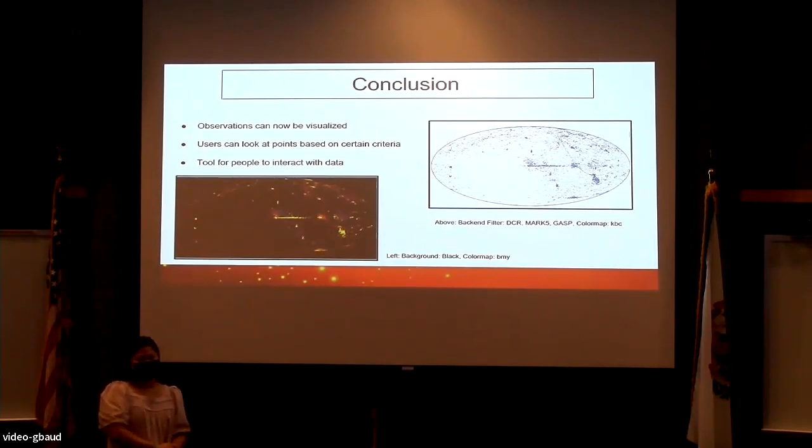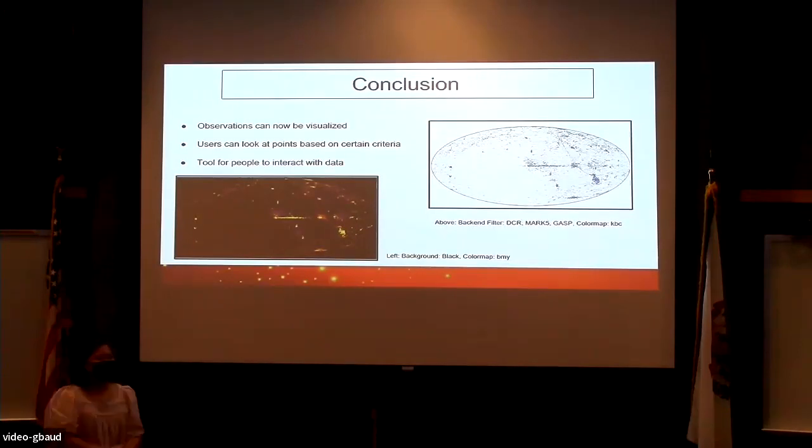I have an answer to this question. I want to hear your answer to this question. What would you use this for? I think, from my understanding, getting archive data is a little bit messy. So hopefully you can look at a point in the sky, and then it could link you to the archive data that has more information on that point.